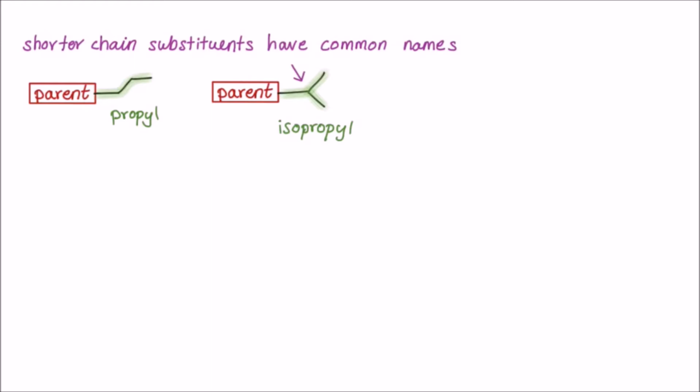And since the total number of carbons is 3, we call that isopropyl. Right, so one is propyl, another one is isopropyl. And the IUPAC name of the branched propyl is 1-methyl ethyl. That's the IUPAC name. But we can use the common name because the common name was accepted by the IUPAC. Okay, so you need to memorize the common names also.